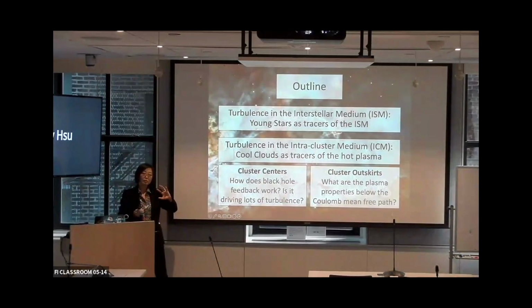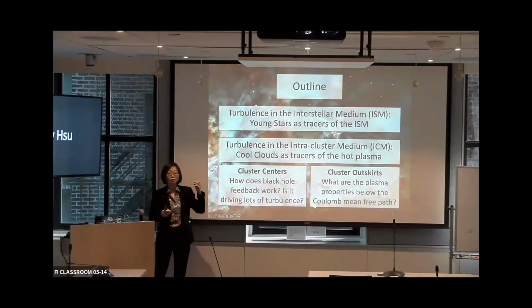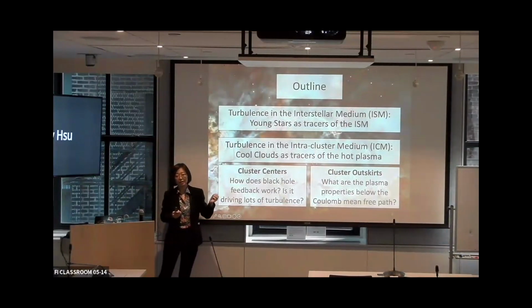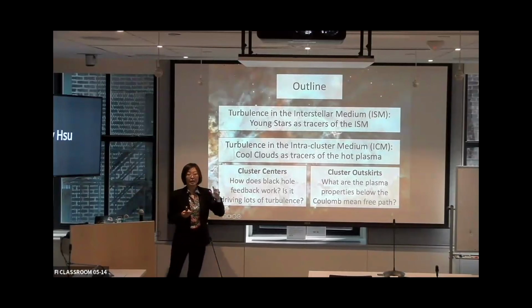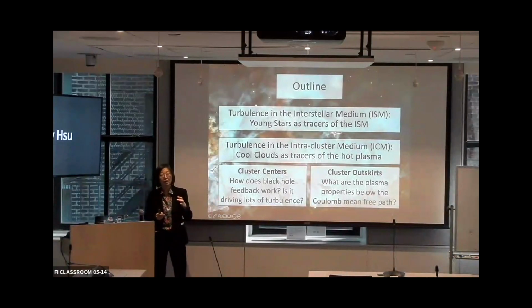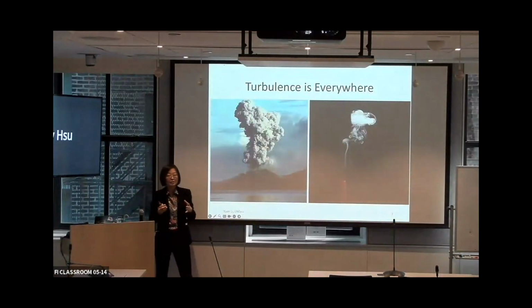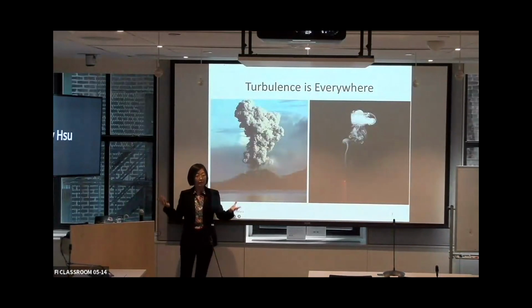And I'll talk about how we can use cool clouds as the tracer of the hot plasma. And if we apply that to cluster centers, we can have a better understanding of how AGN feedback operates. And if we apply that to cluster outskirts, we can actually probe the plasma properties below the mean Coulomb mean free path.